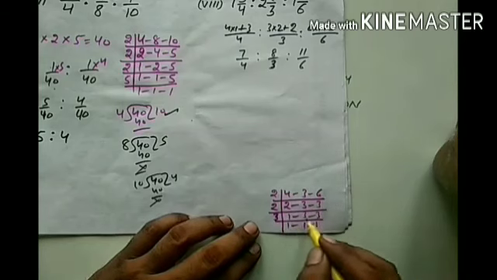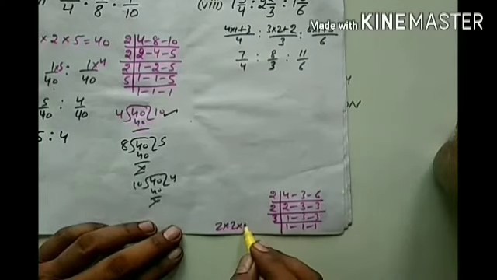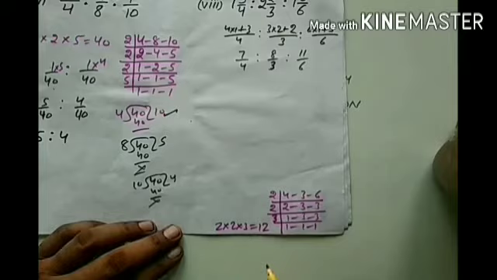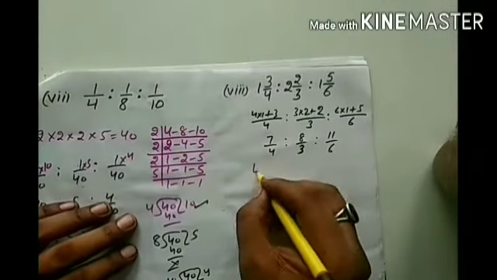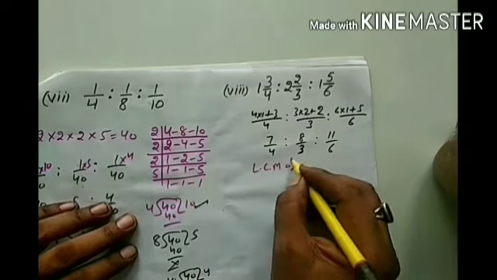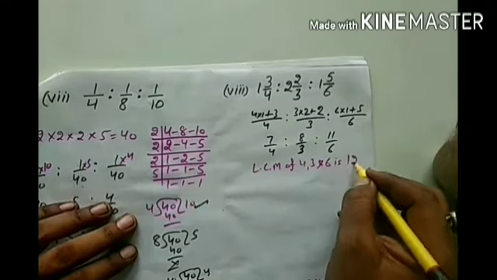Now here this is divisible by 3, therefore 2, 2 and 3, that is 12. 12 is the LCM. So the LCM of 4, 3 and 6 is 12.